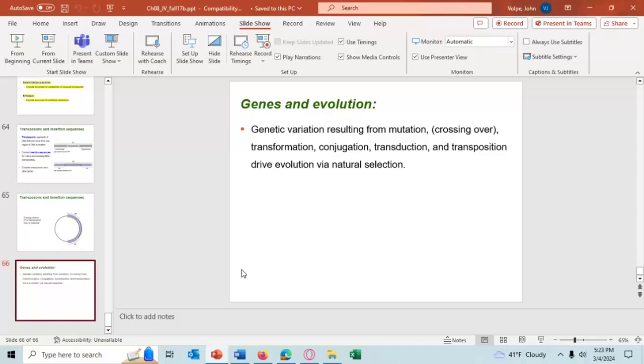But once the genetic variation exists in the population, it can spread around by transformation, conjugation, and transduction. And we're mostly talking about a bacterial population, which obviously has conjugation. And they're more likely to have transformation. Human cells are not good at transformation.